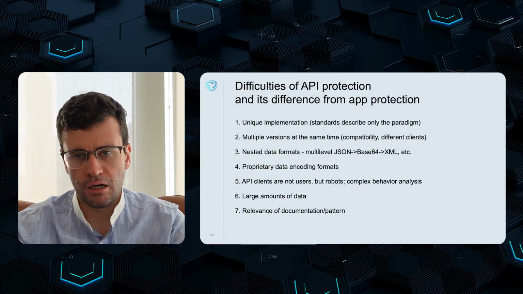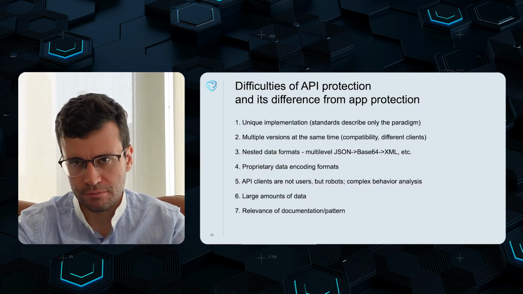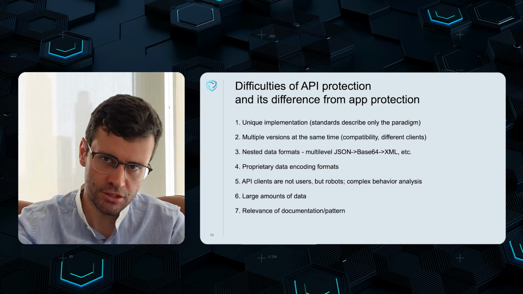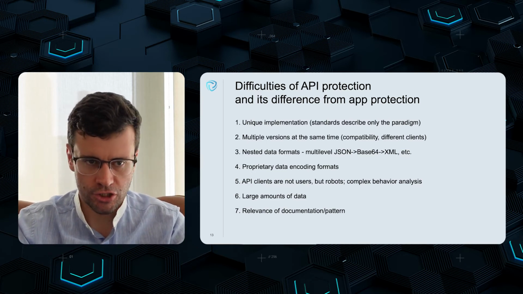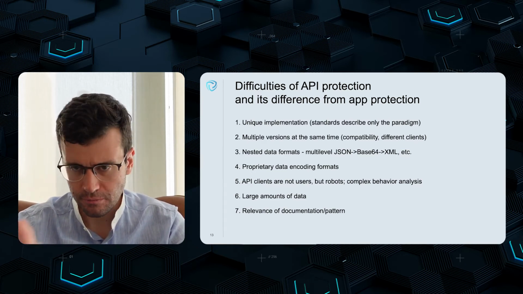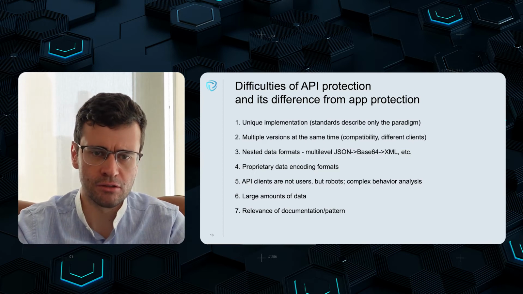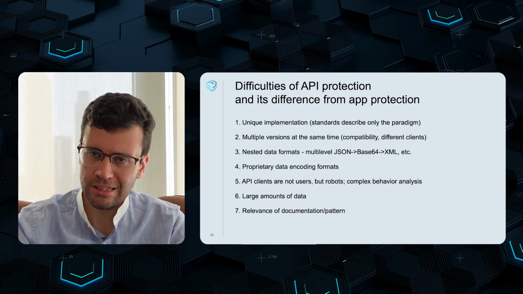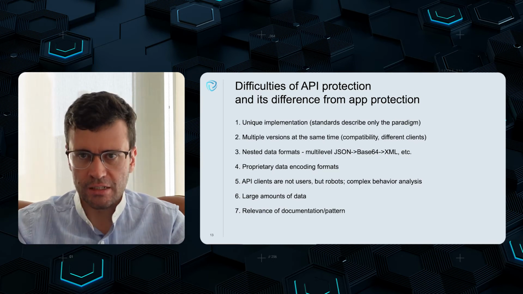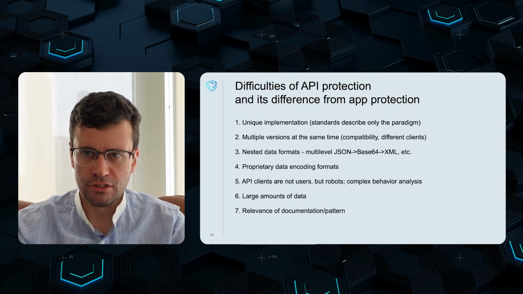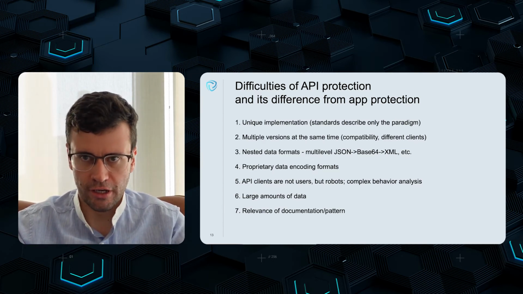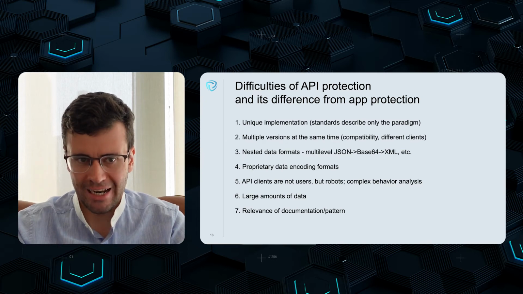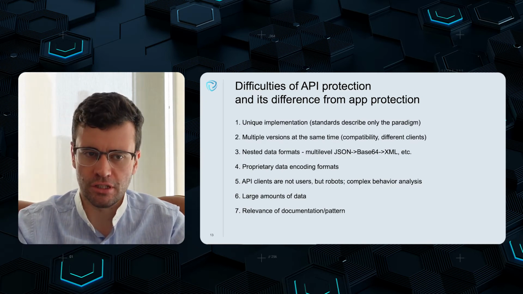One of the complexities of protecting apps, APIs, regular web apps, the classic apps that we have been protecting since the 90s in various forms. The first is the unique implementation. We have a standard that says how data should be transmitted, how calls should be made, what the endpoint is, what this large function is, and how to set that up. This is only a paradigm.